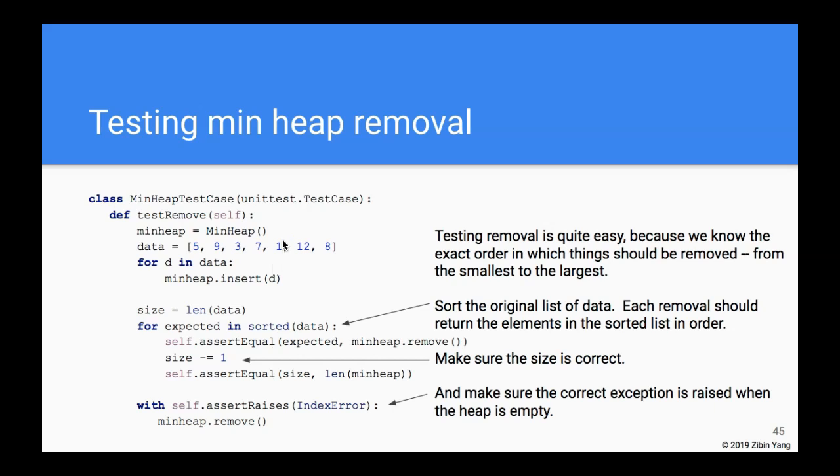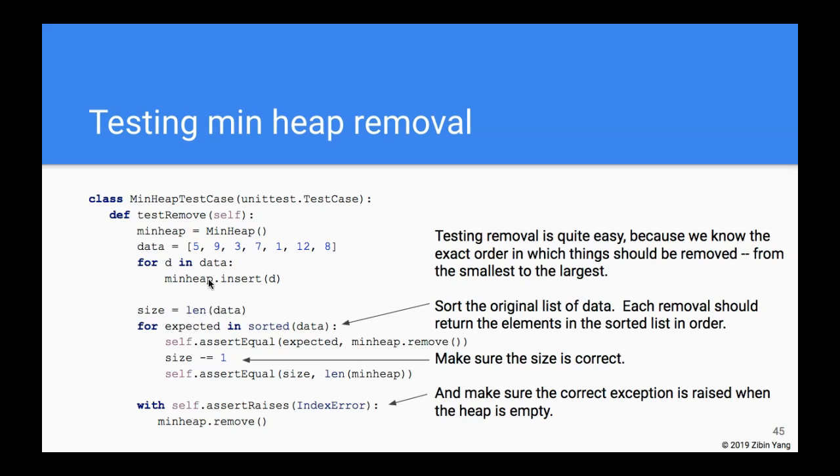So we should know, the first one we remove would be 1, and that's in the sorted list. And the second one removed would be 3 in the sorted list, and we continue to go. And here we keep a size. We also want to assert the size is correct as well.